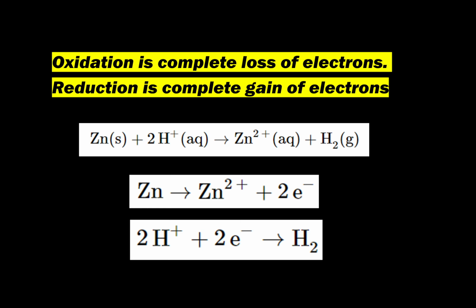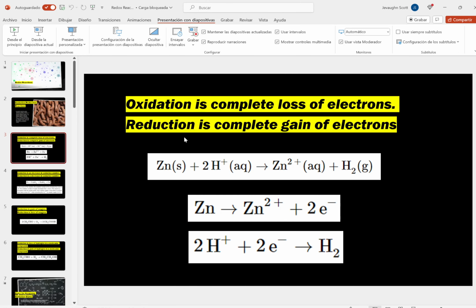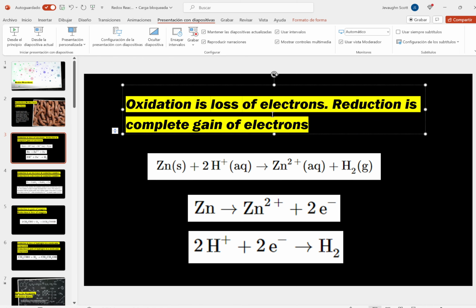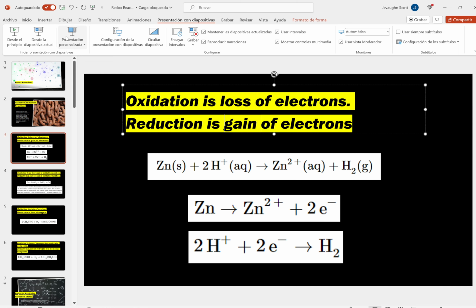So let's have a look at this. Oxidation is complete loss of electrons, and reduction is complete gain of electrons. When I speak about complete here, we don't generally mean that all electrons are moved. Let me edit this real quick, because as you know, I always edit the PowerPoints so it makes a little more sense for you.